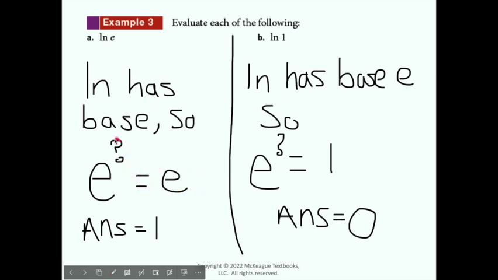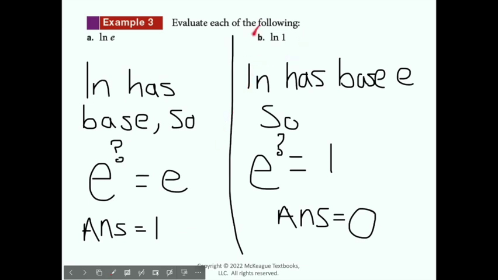So the only exponent that will give us e when we raise e to that power is 1. This property works for any base. If the base and the argument are the same, then you're going to get this situation right here where you have the base raised to some exponent and that's equal to the value of the base. So in all cases where the base and the argument are the same, the answer is going to be 1.